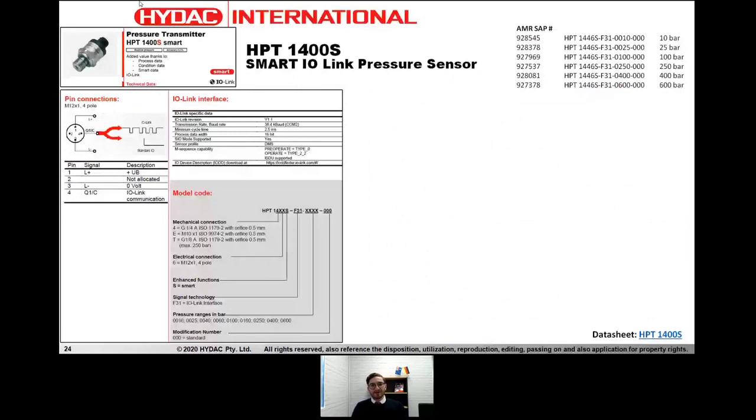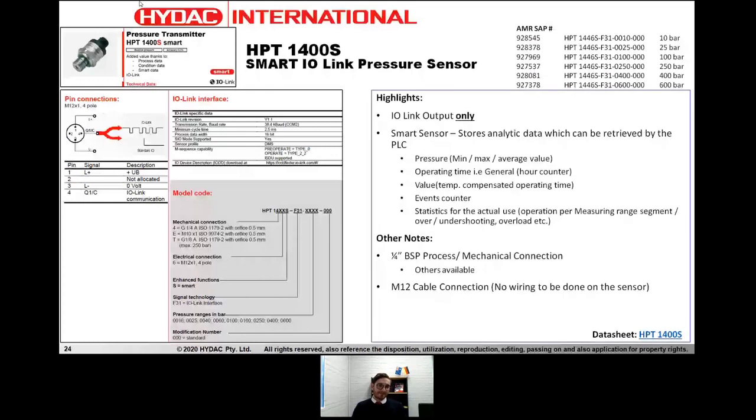This is our smart IO-Link sensor, and it also can operate as a PNP output sensor, but to get the most value out of this sensor you use it with an IO-Link master communicating to a PLC or a SCADA or a HMI.